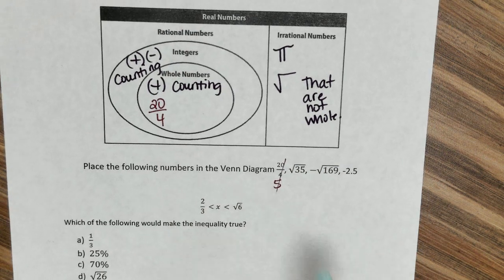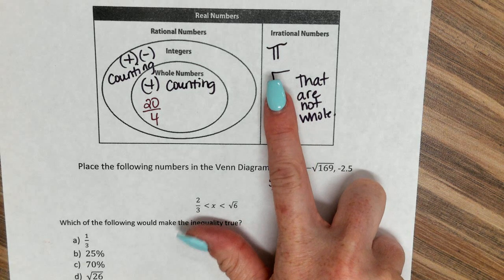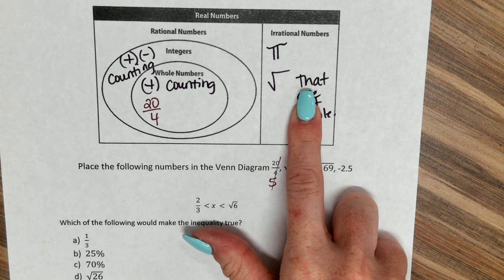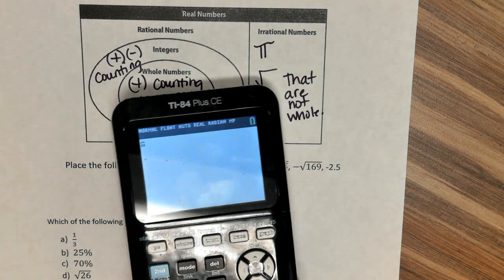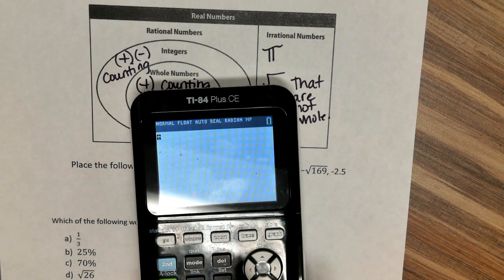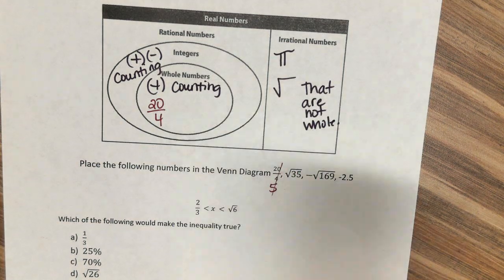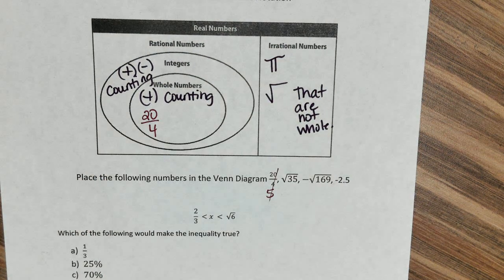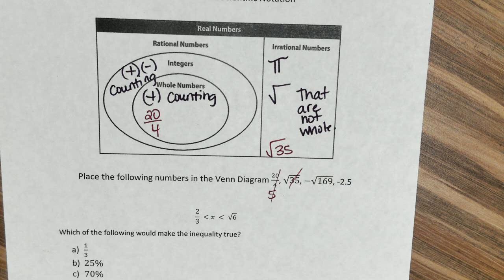Very good. All right. The square root of 35. Now, where do square roots all go? Unless they are a whole number. So I got to go test it out in my calculator. The square root of 35, oops, is it a whole number? So it automatically is what? Irrational. The square root of 35 is irrational.